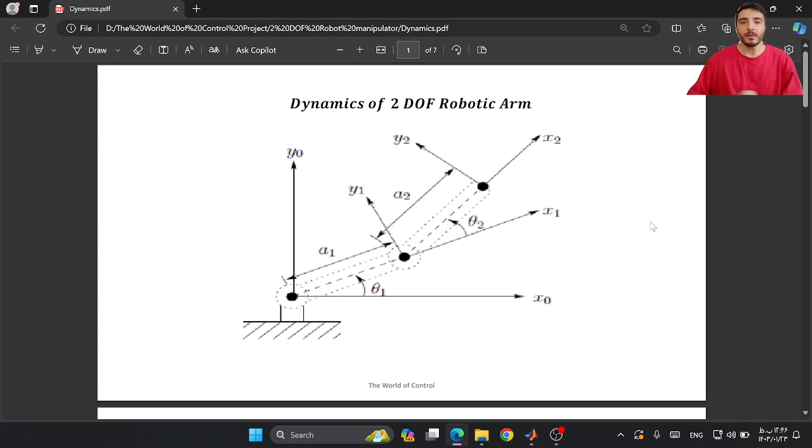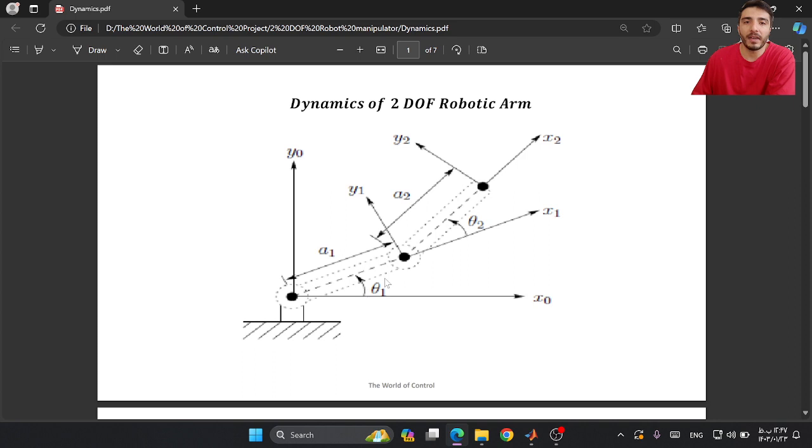As you can see in this PDF, we have the schematic of our system, the 2 degree of freedom robotic arm. It is a planar manipulator. We have the first link here with the A1 length and the second link with A2 length.